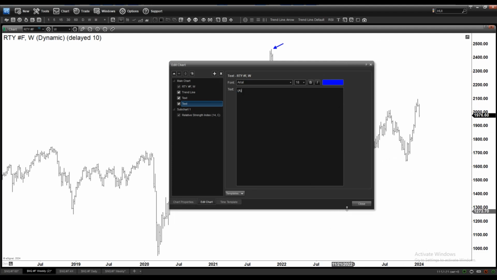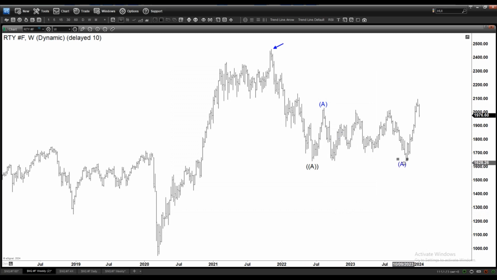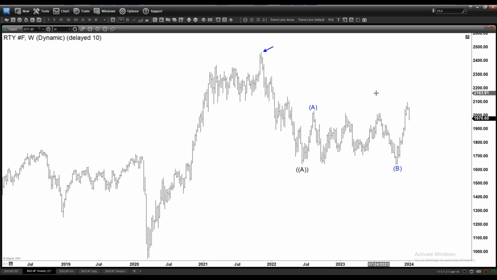This is your A, this is your B, and then a potential idea that this could be your C of B as an expanded flat, and then it goes down like this.